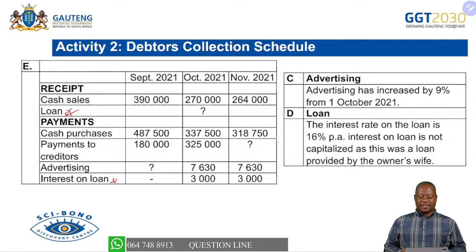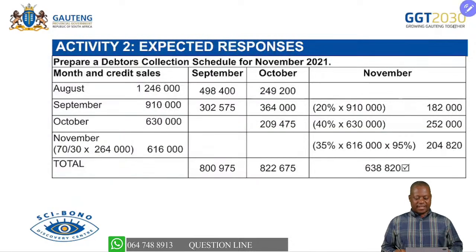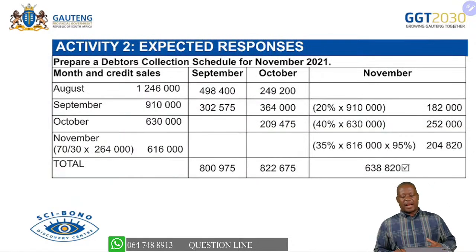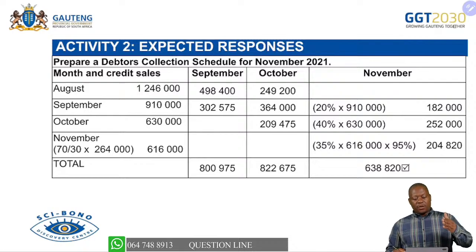It simply means if we were given the loan amount, we could just find 16% for 1 month and find the interest. But that is missing. Can we be able to work backwards to find it? Yes, it's possible. We are going to do exactly that. Now, let's now work with the information that we are given.